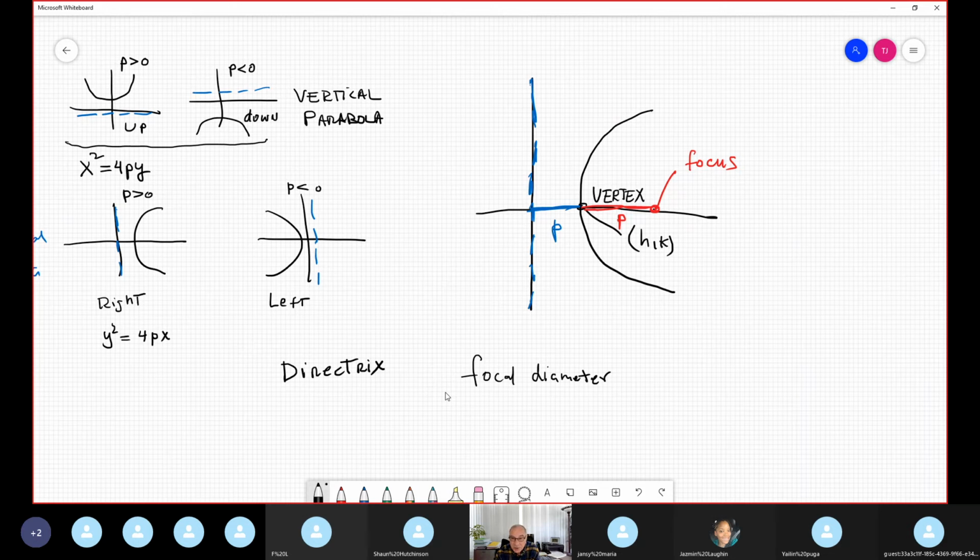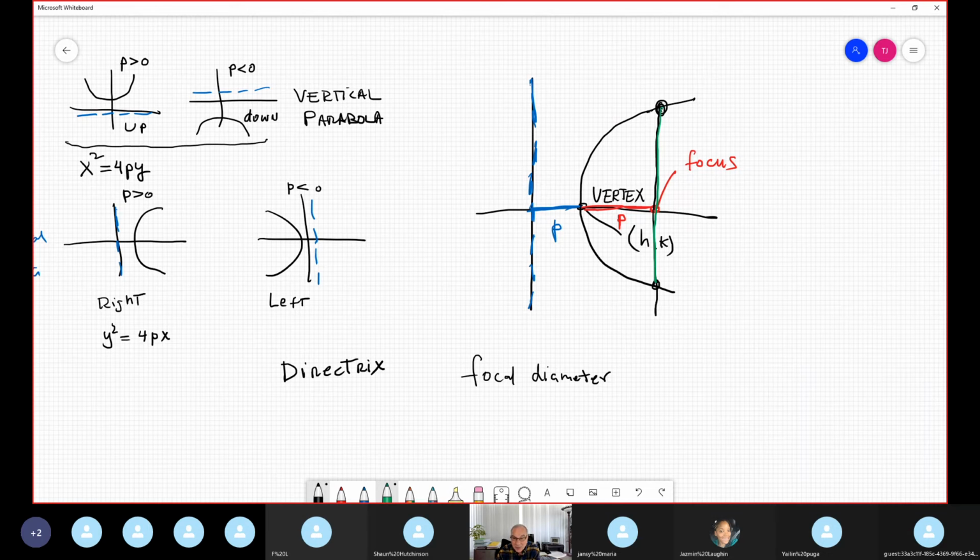Look, from the focus, you put a vertical segment, and this distance from this point to this point, I'm using green color, is the focal diameter.